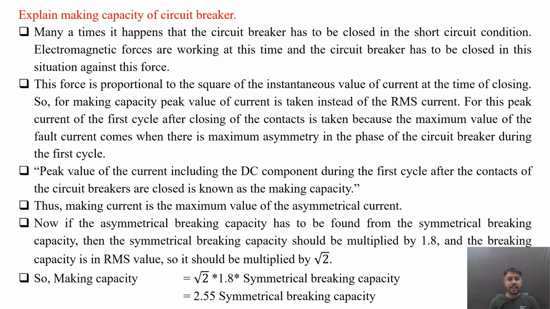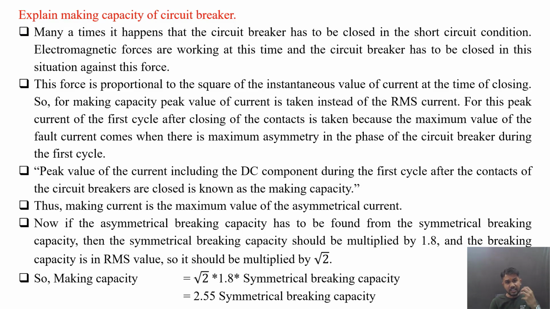So it can be defined as the peak value of the current including the DC offset component during the first cycle after the contacts of the breaker are closed, known as the making capacity of a circuit breaker. Thus, making current is the maximum value of the asymmetrical current.